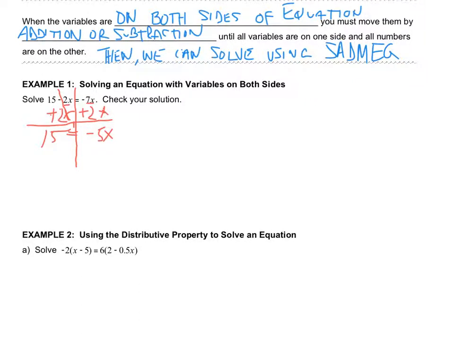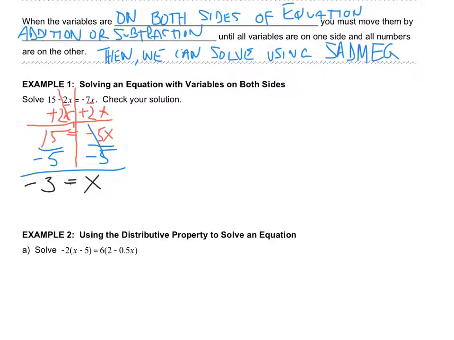So I'm going to divide both sides by that negative 5. That will cause the negative 5 to cancel on the right-hand side, and that will give me the x that we're looking for. And on the left-hand side, 15 divided by negative 5 is negative 3.